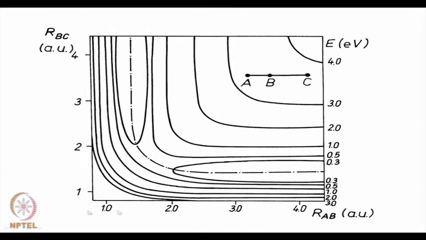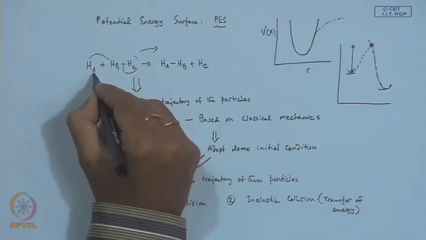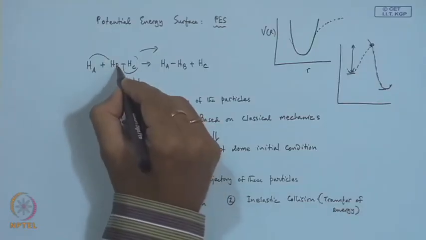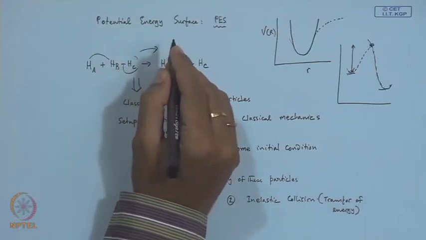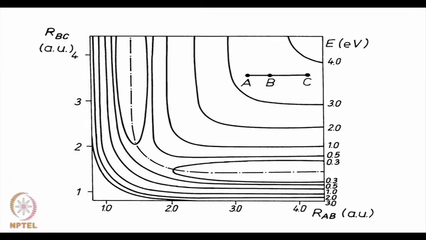This is your RAB, this is RBC, that is, RAB between A and B, and RBC. So, this is an iso-energy contour, and you see this value is 0.3, this is 1, and it is increasing.